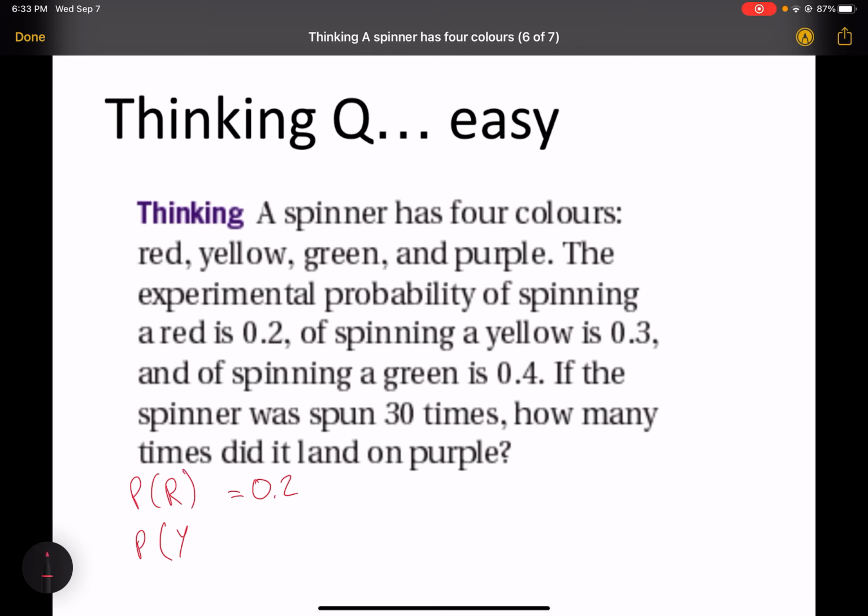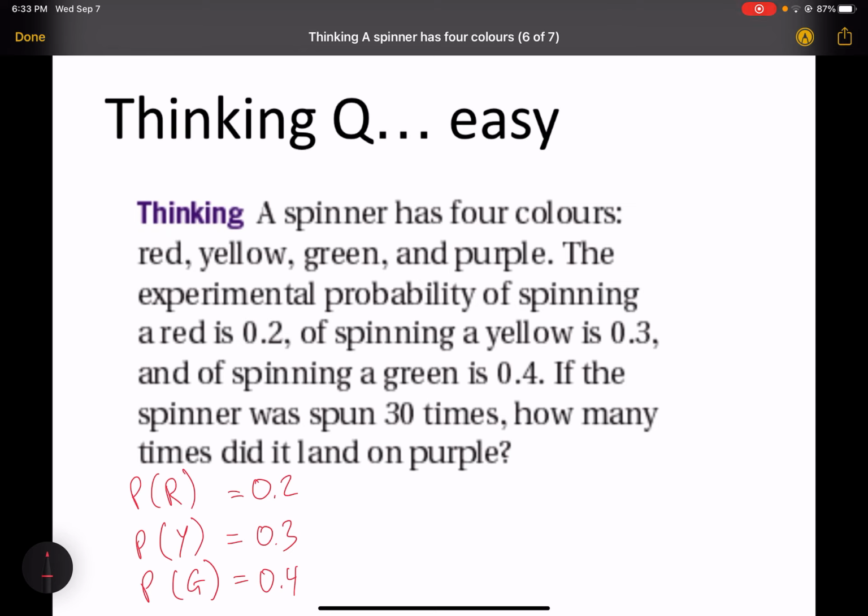Now, it doesn't tell me the probability of landing on purple. Here, we have to think about it, right? The total probability of landing on anything is, remember when we said we could add up probabilities?